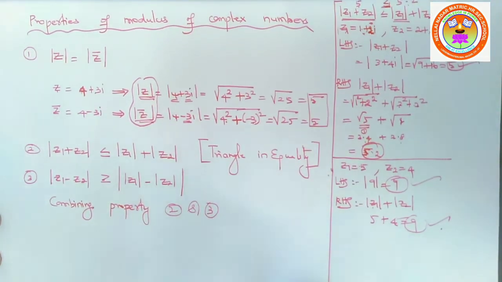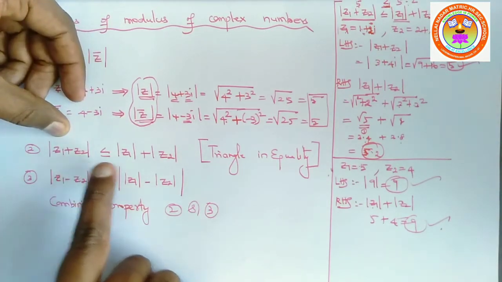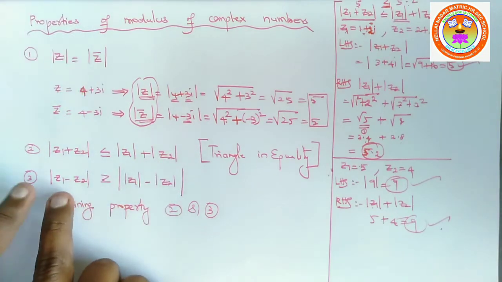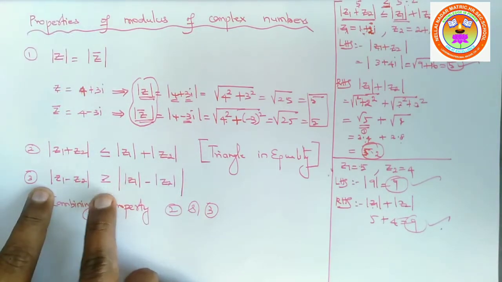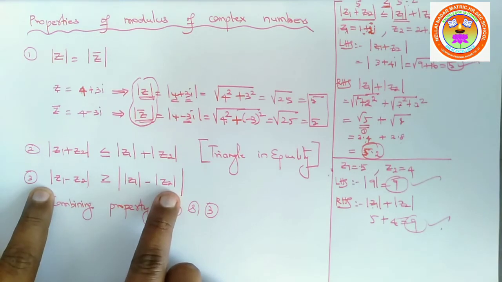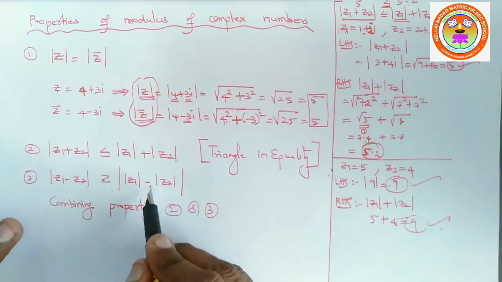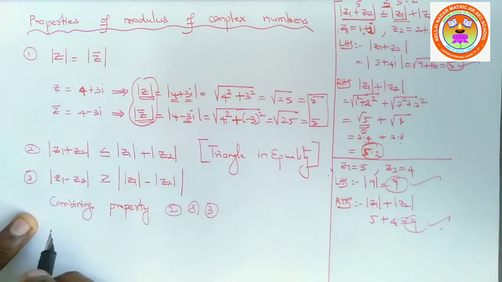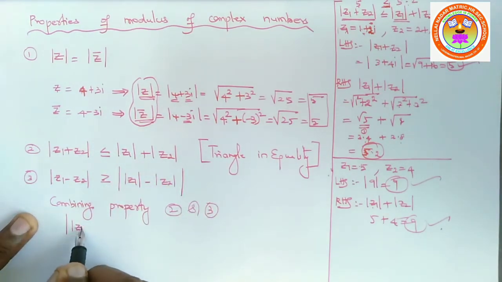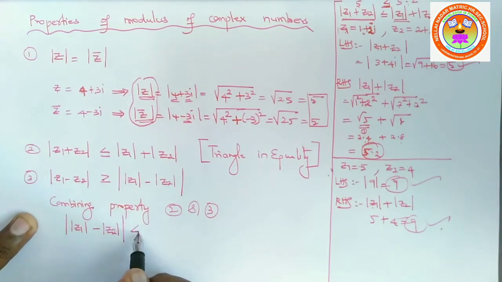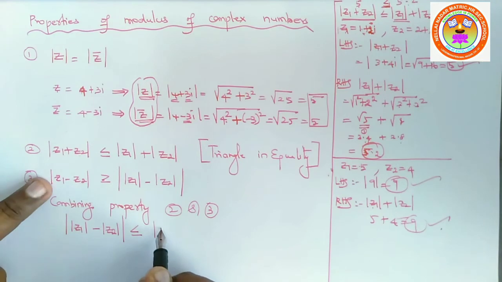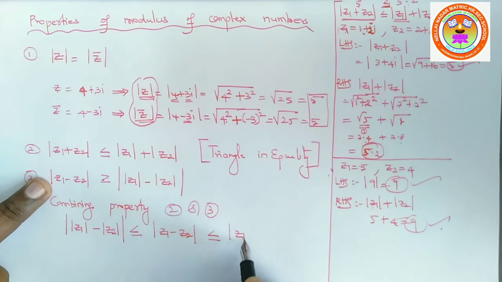Modulus of Z1 plus Z2 is less than or equal to modulus of Z1 plus modulus of Z2, and modulus of Z1 minus Z2 is greater than or equal to the whole modulus of modulus Z1 minus modulus Z2. So we write it as: the whole modulus of modulus of Z1 minus modulus of Z2 is less than or equal to modulus of Z1 minus Z2, which is less than or equal to modulus of Z1 plus modulus of Z2.